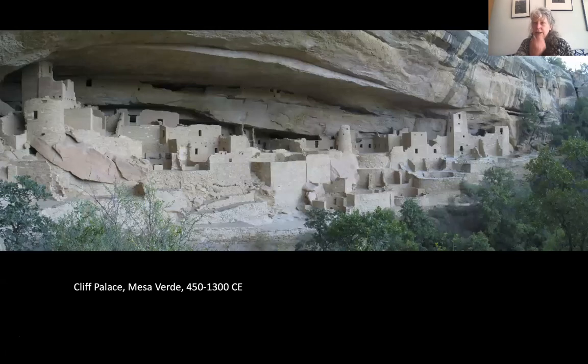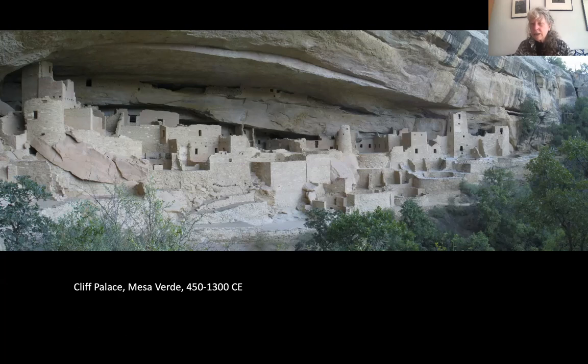So these are what are called the cliff dwellings of the people who are now called the Anasazi. And the word Anasazi means several things to the Hopi and Navajo people who now live in that part of North America. It means ancestor, but it also means enemy, apparently.